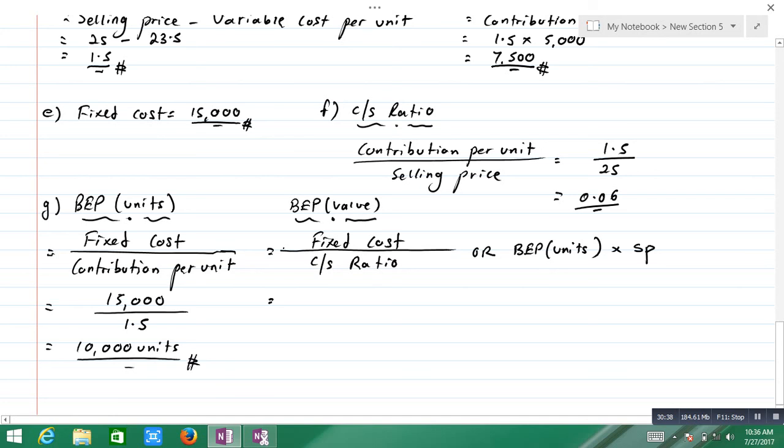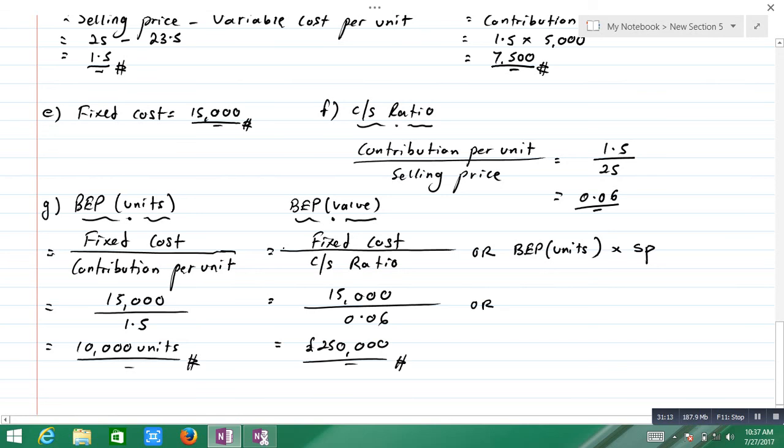Or you can take the units that we calculated here, 10,000 break-even point units, times with the selling price 25. That also will give you 250,000. Okay, so in the exam you can choose either one depending on the information given in the examination. So we are done with the break-even point units and value. Let's go for the next one.